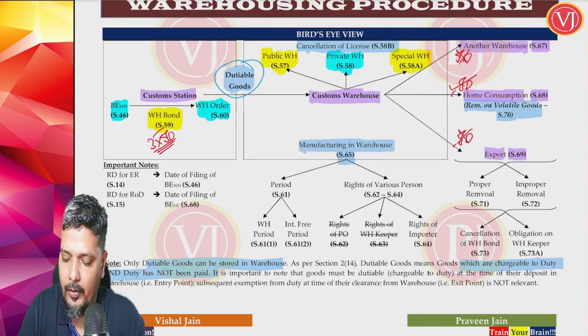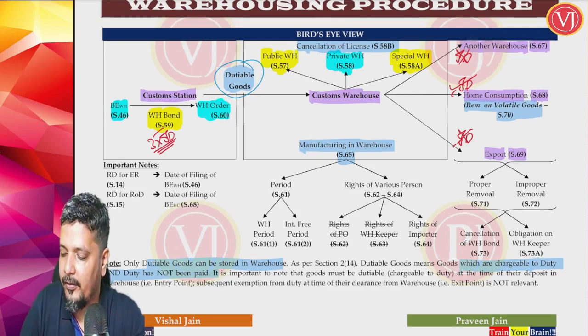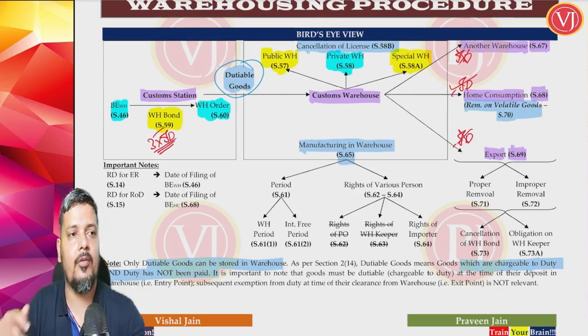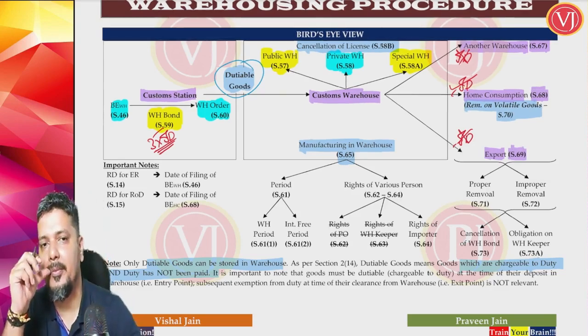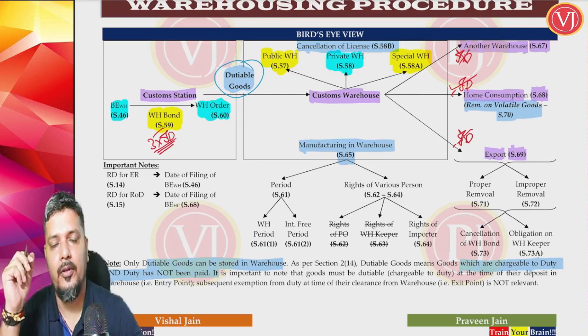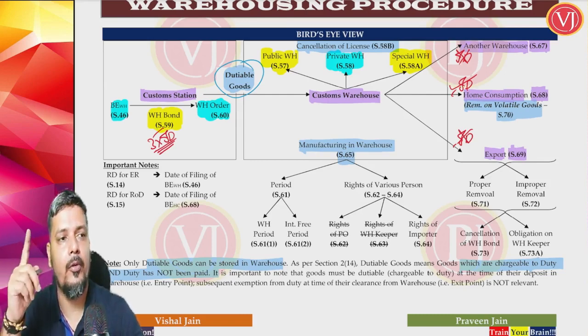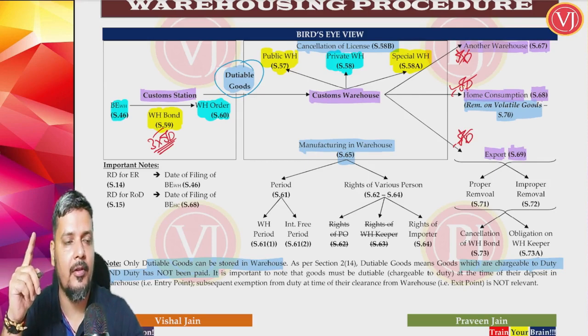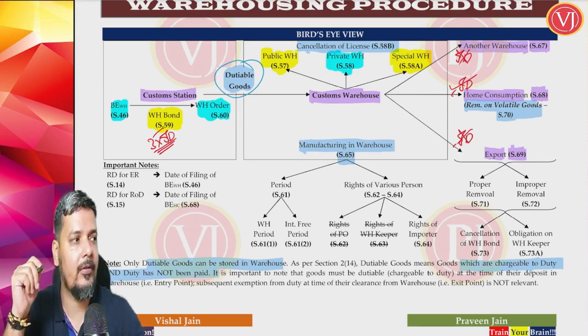Then when you are going outside, there are three types: 67, 68, 69. Warehouse to another warehouse, warehouse to home consumption, warehouse to export. And when you are paying import duty, it is only in case of warehouse to home consumption. There you have to also remember remission of import duty on volatile goods, section 70.